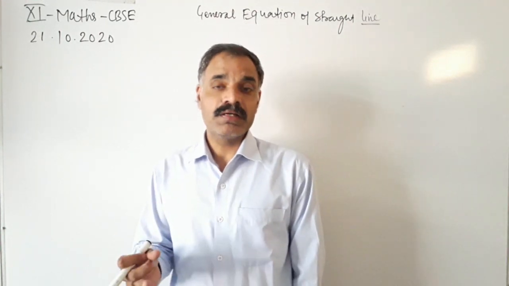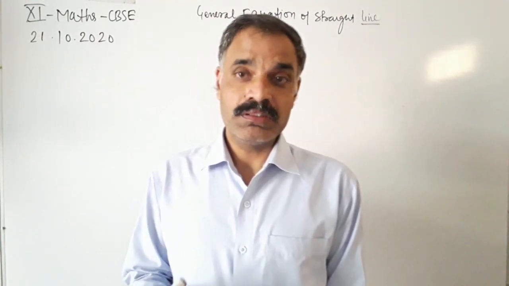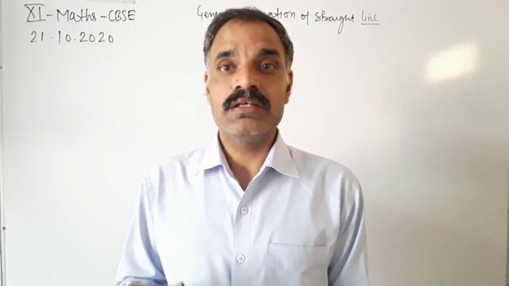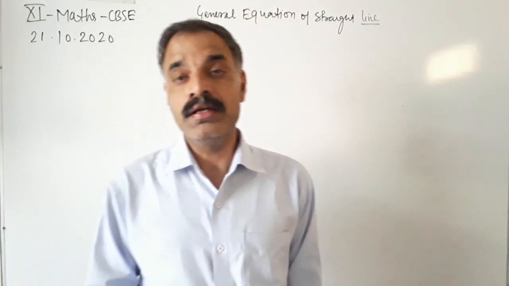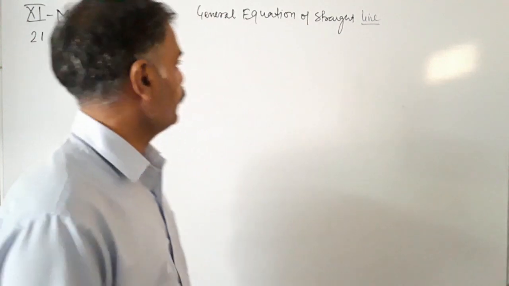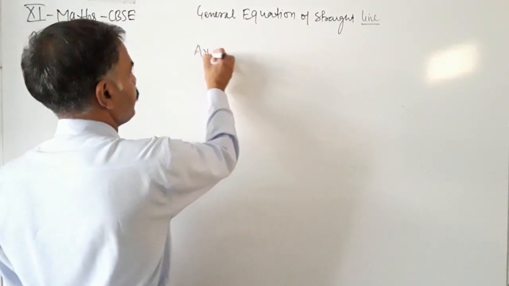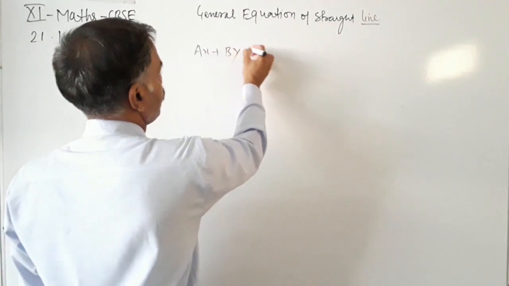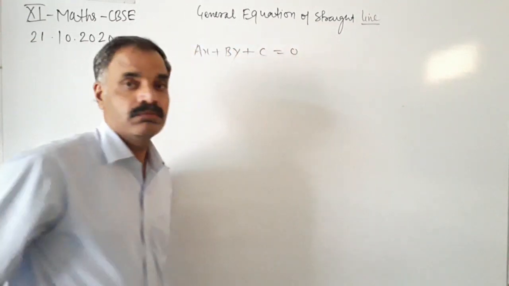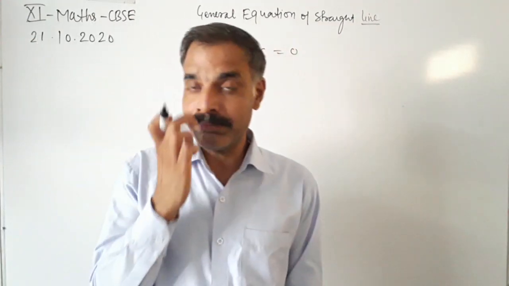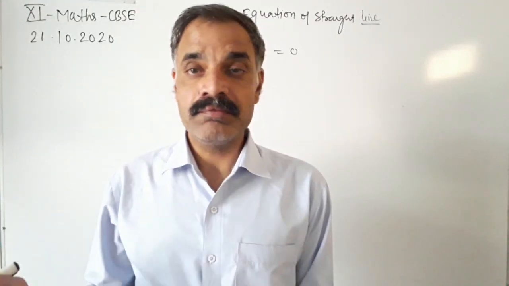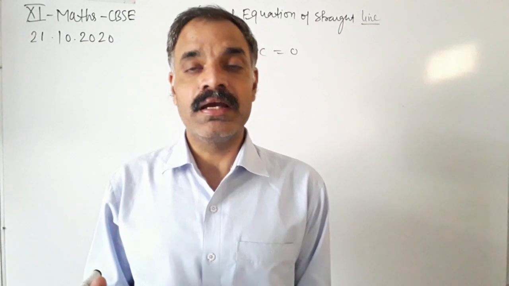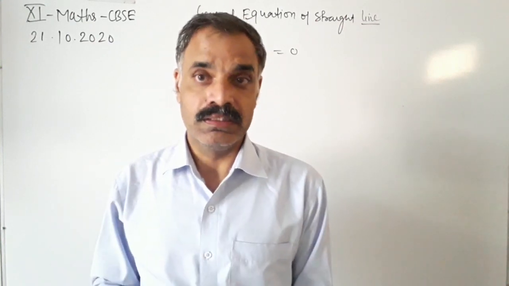Now, what do we mean by the general equation of the line? The general equation of the line of first degree in two variables is given as ax plus by plus c equals 0. It contains variable x, variable y, coefficient of x, coefficient of y, and constant c.